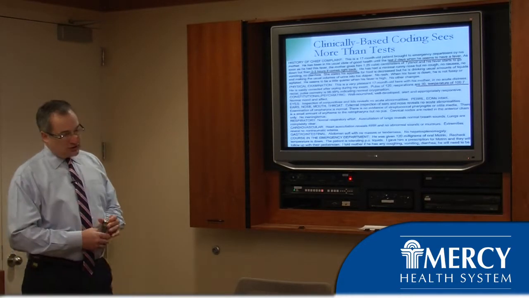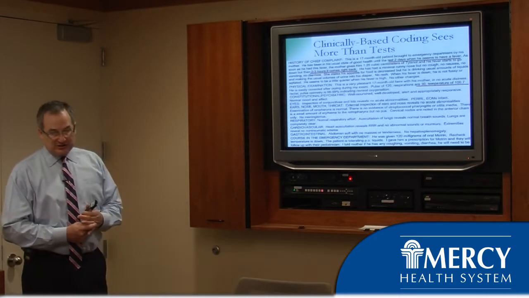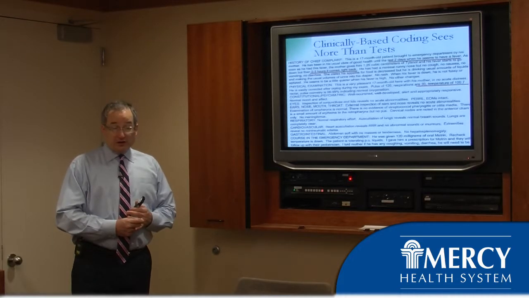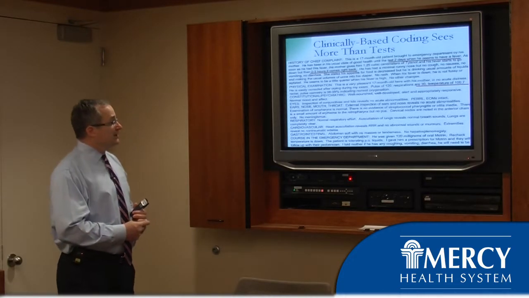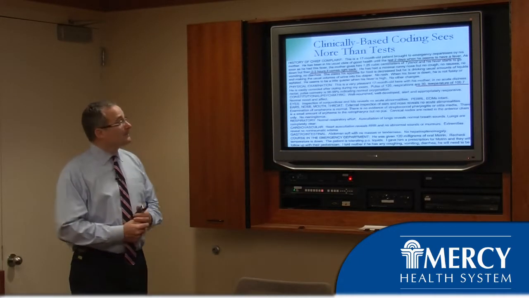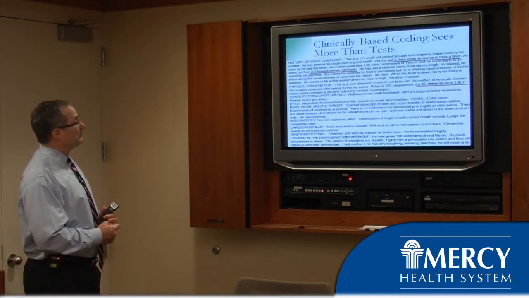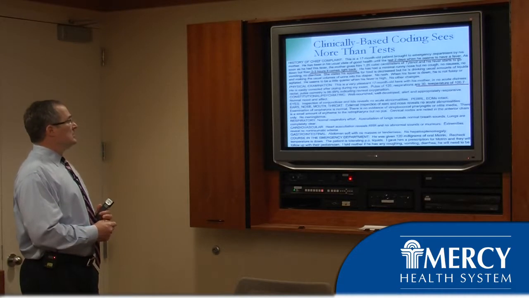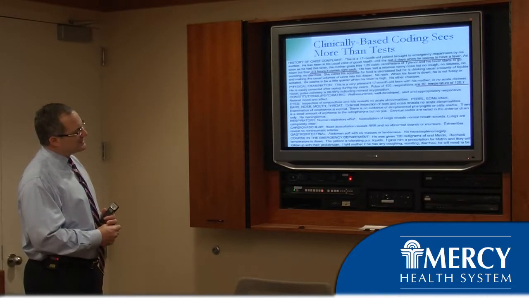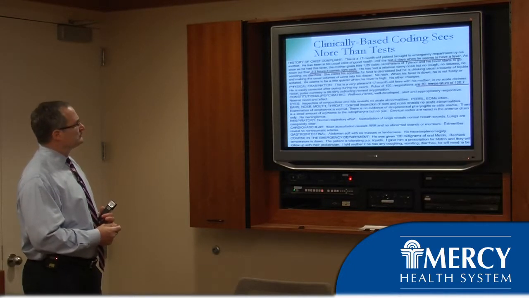Now, this is where we want to talk about differential diagnoses. I want you to see how your documentation will make a difference in how we code a particular chart. Coding isn't just counting the number of tests you do, okay? So here's a 17-month-old brought to the ER by mom. He has been in his usual state of good health, except in the last couple days he's had a fever.